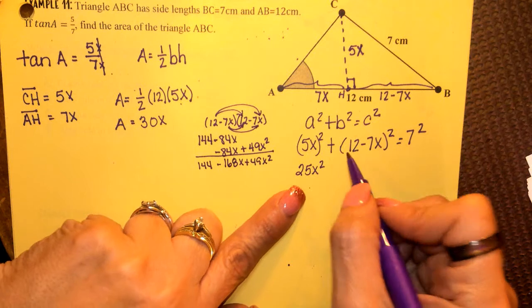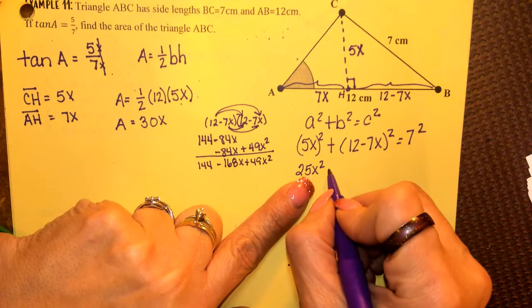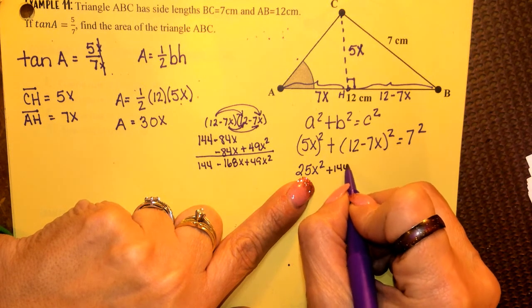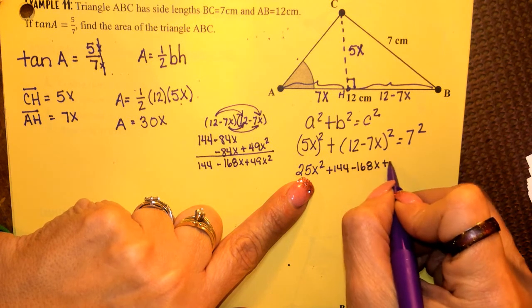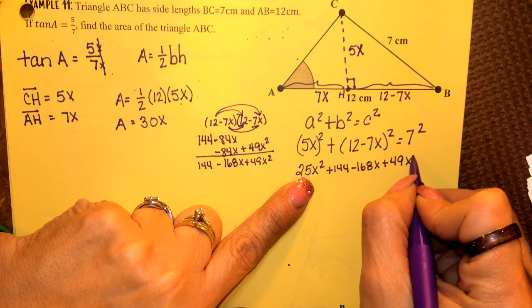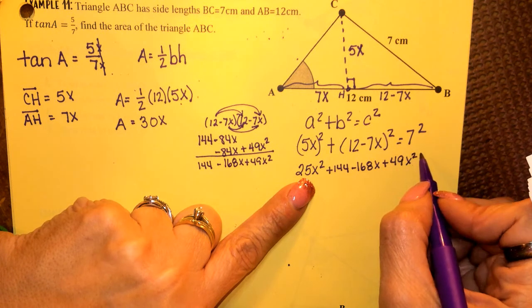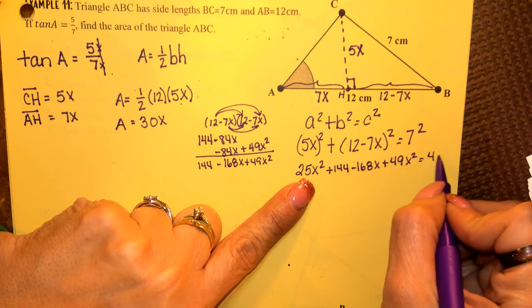Okay, so all of this right here, this is a plus, so plus 144 minus 168x plus 49x squared equals 49.